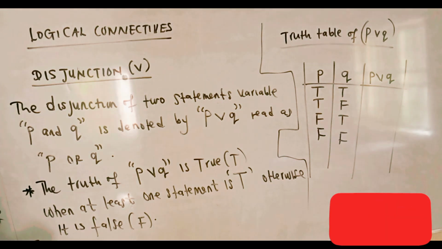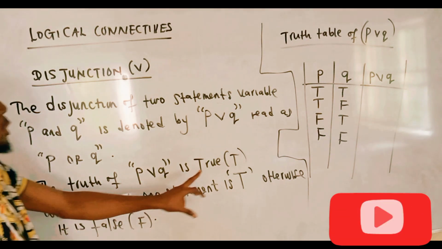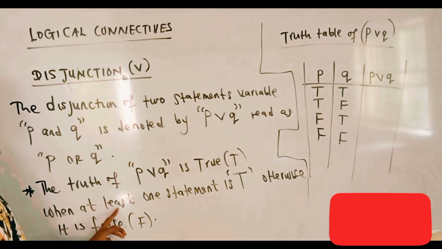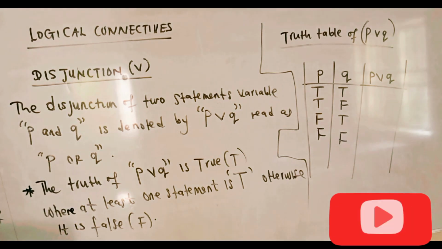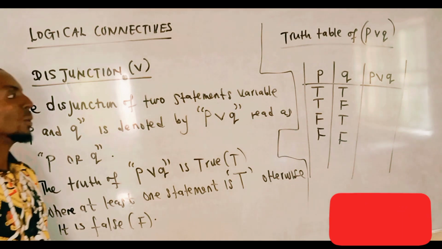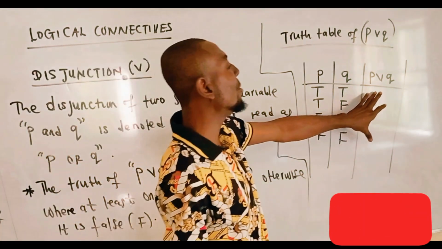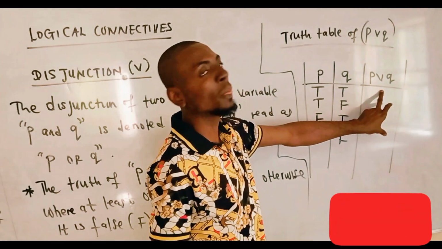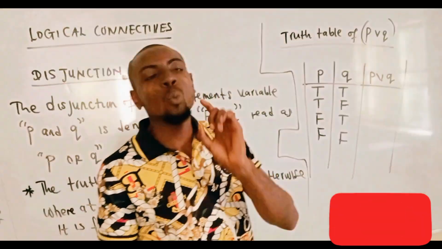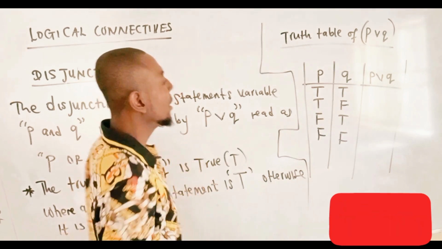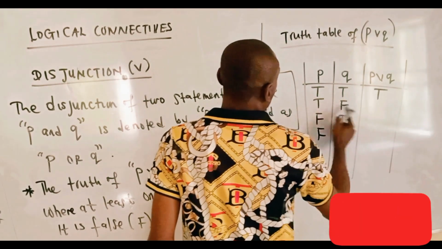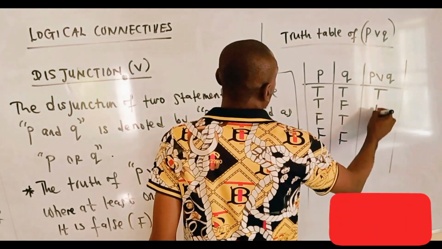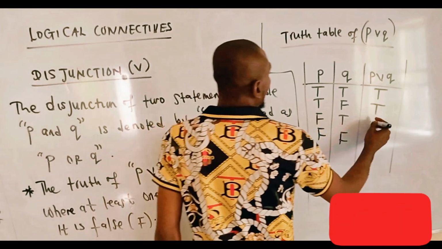And the key point says the truth value of P or Q is true when at least one statement is true, otherwise it is false. So we can have P or Q give us T when at least one statement is T. There is one statement that is true here, and one statement that is true here.